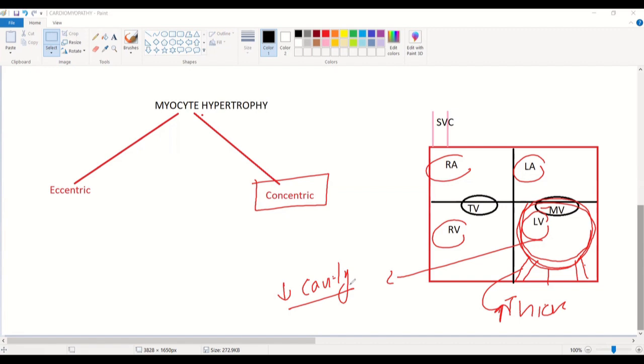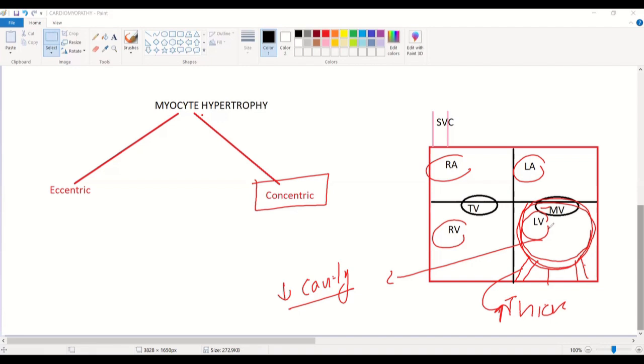So which thing is impaired? Filling is impaired, right? Filling is impaired in hypertrophic cardiomyopathy because of concentric hypertrophy. So if the filling is impaired, what will happen?